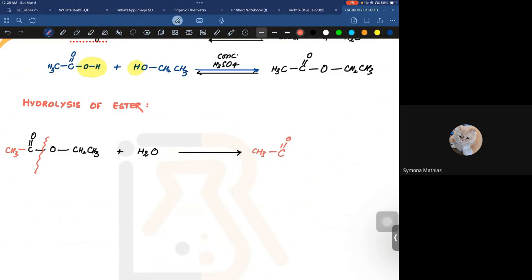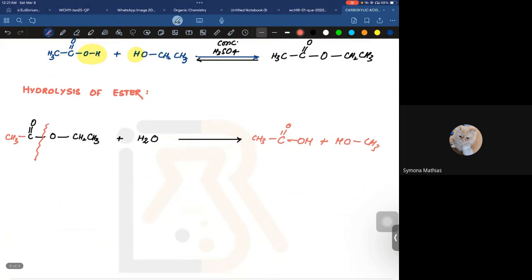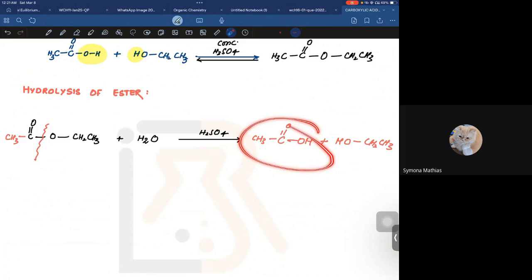I would be getting this. You got your carboxylic acid and alcohol again. This is hydrolysis. To get your reactants again, you are supposed to do hydrolysis of an ester. In this hydrolysis, I have used acid as a catalyst. That's why I'm getting this product.